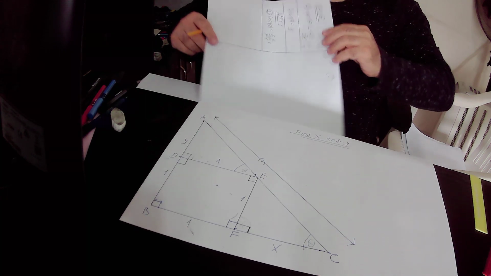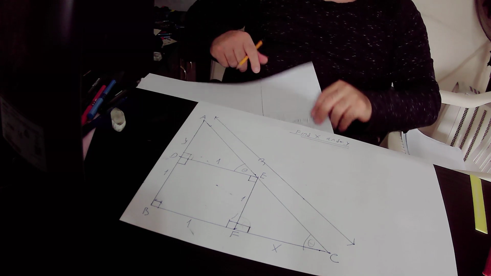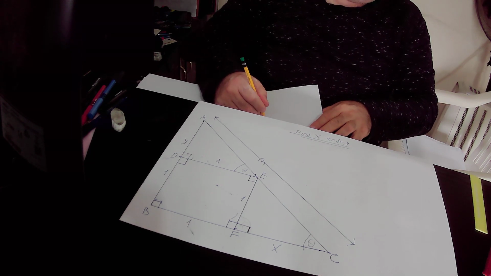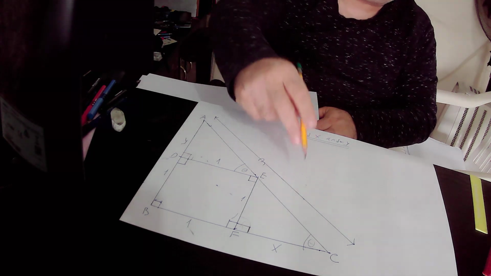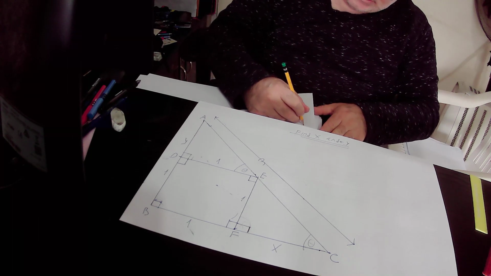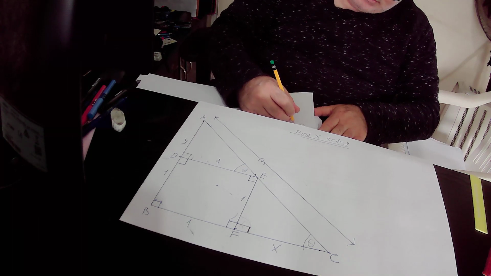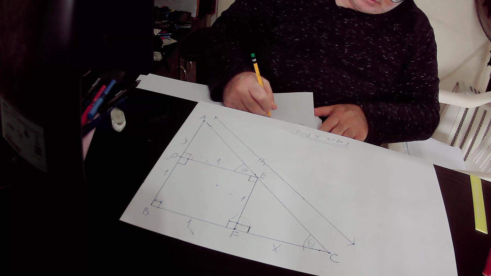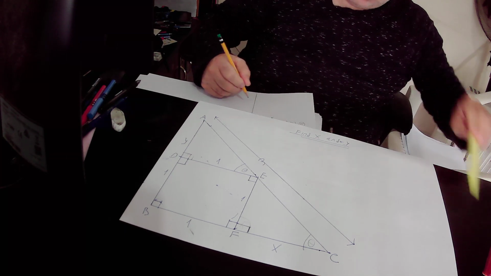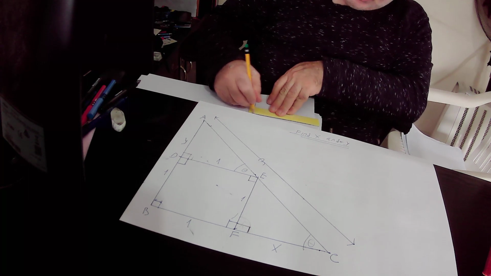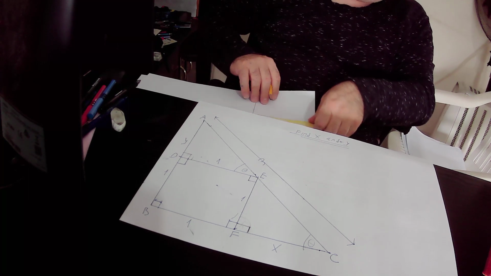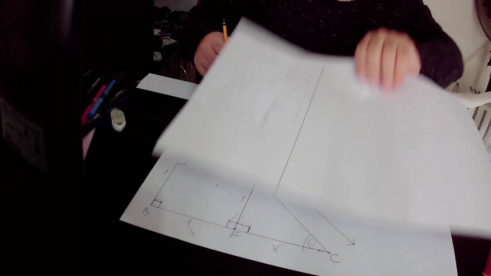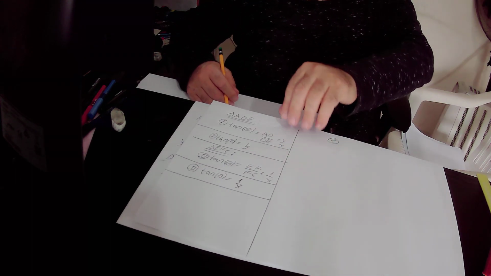According to equation number 2, EF equals 1 unit, and FC equals X according to what is given in the question. So in conclusion, we found out that tangent theta, according to equation number 2, equals 1 over X.